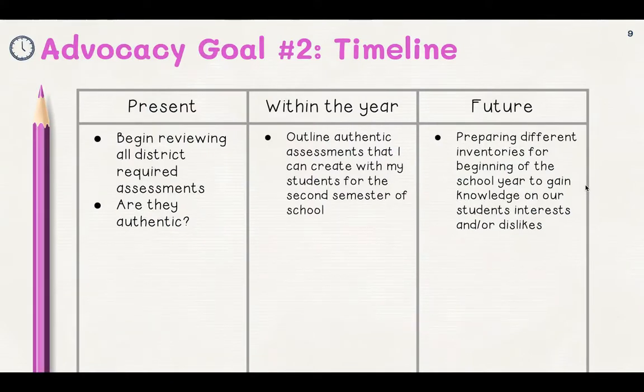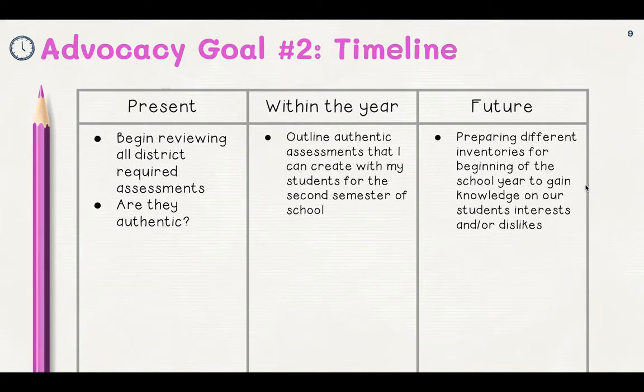In regard to the timeline for this second goal, for right now, I want to keep reviewing all of our district required assessments that we're using within our units. And a lot of these are rubrics that were pre-made by a task force over the summer, and just really seeing if they are authentic and seeing where they can improve and getting my students' input on those.